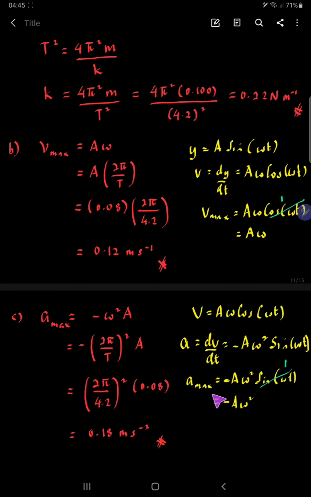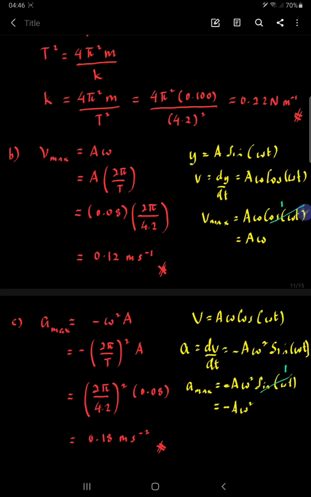So you will get a max equals negative A omega squared. Using this equation, again omega equals 2 pi over period, and then we substitute all the values given, then you will get the answer. Don't forget the unit is meter per second squared.